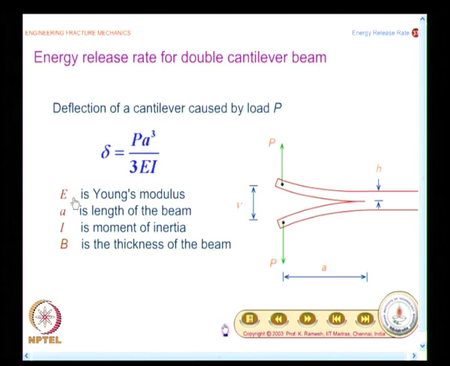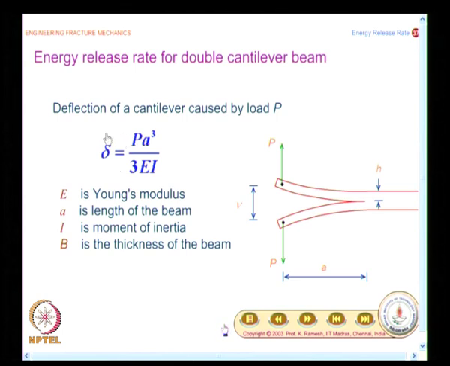where E is the Young's modulus, A is the length of the beam, I is the moment of inertia, B is the thickness of the beam which is into the screen, and the height is taken as h. And you know the total displacement is V. So, if I have to write down V, it is nothing but 2 times delta.